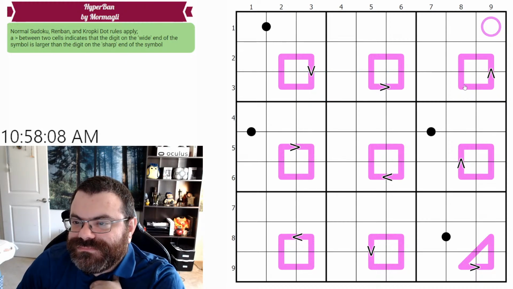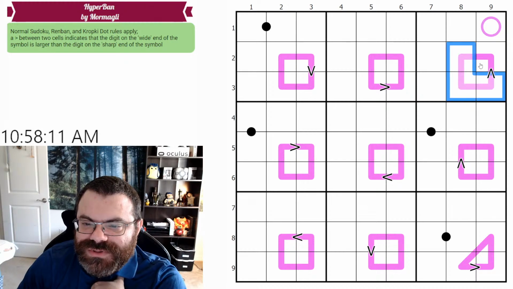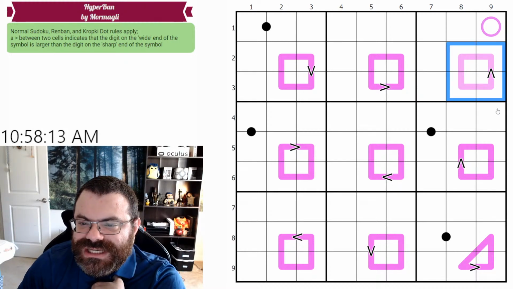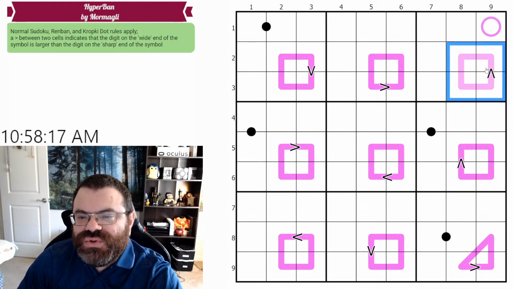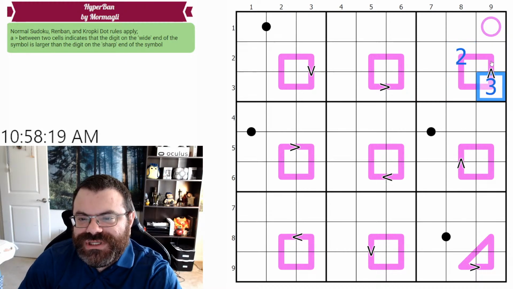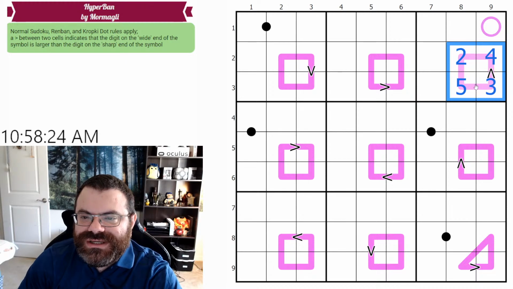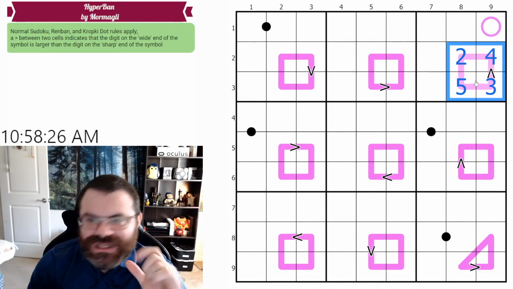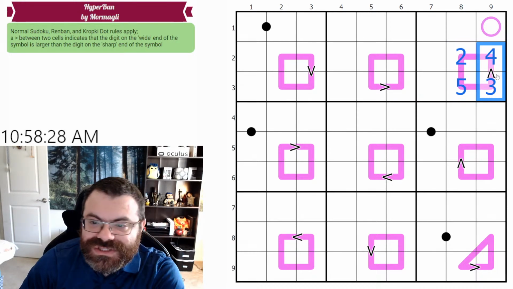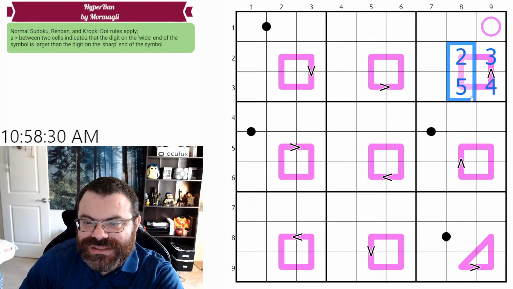All right, we've got Renban rules. So these purple lines are Renbans, which means they contain a set of consecutive digits, but in any order. So let's say this was 2, 3, 4, 5. I could do 2, 3, 4, 5. Order does not matter. I can move these around however I want, as long as it is, taken as a whole, a set of consecutive digits. Now this breaks the greater than, so I could do something like that, but you get the idea.